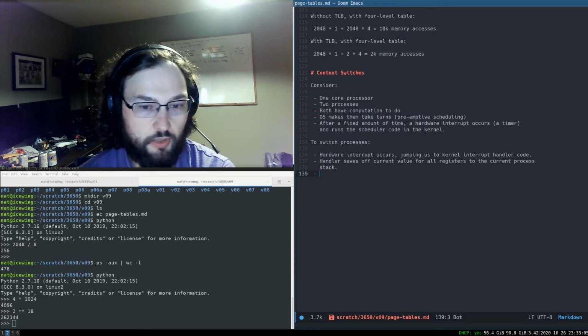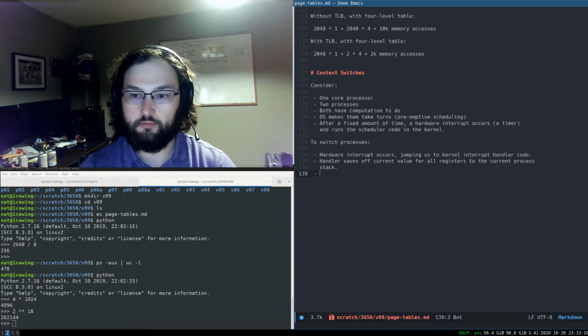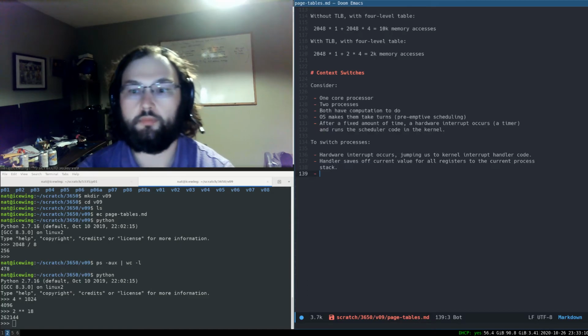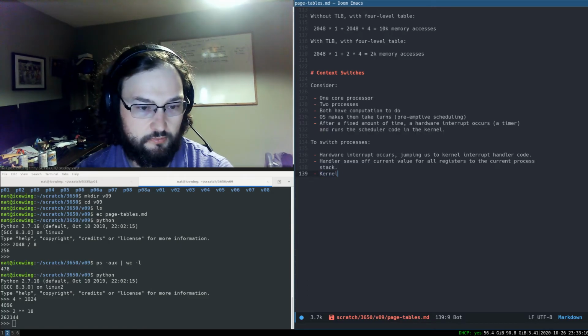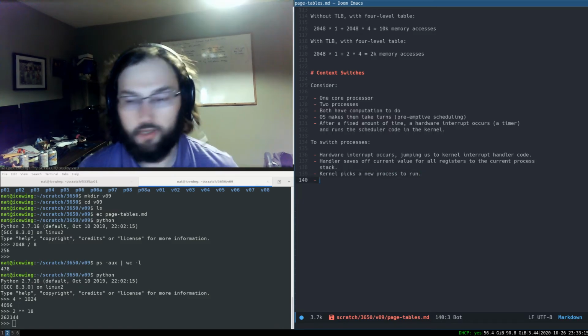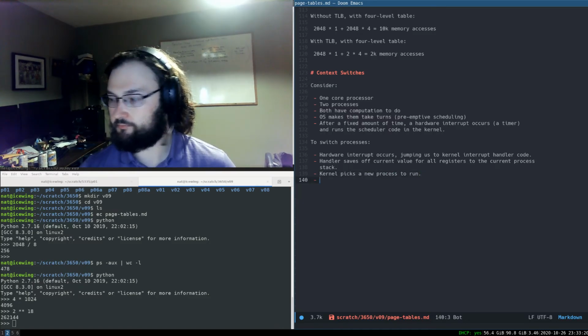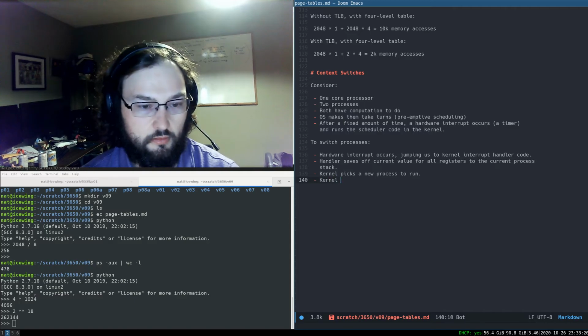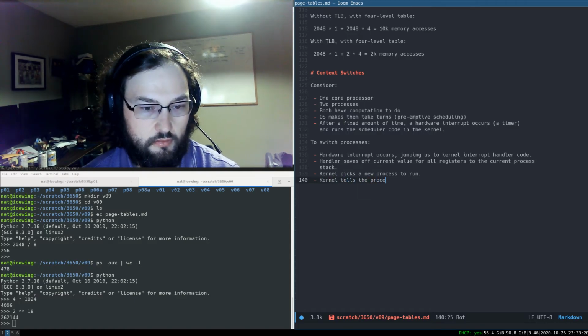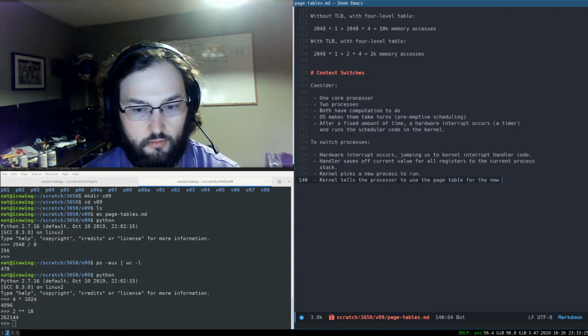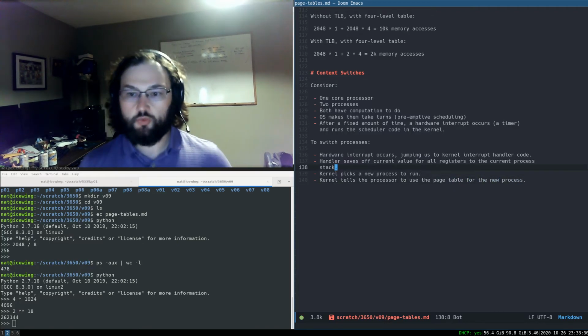Now, because we're getting interrupted by this interrupt timer, we're going to assume that the kernel wants to schedule a new process. So we're going to have the kernel pick a new process to run. And here is where the switch actually occurs.